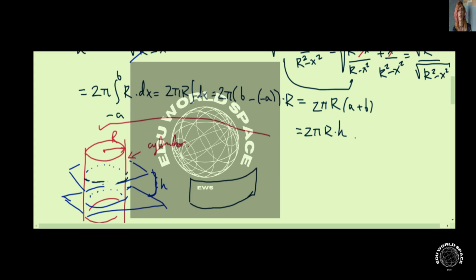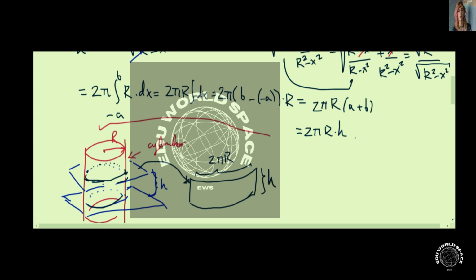If we unfold it, the perimeter is equal to 2 pi times the radius, and then this distance here is h.